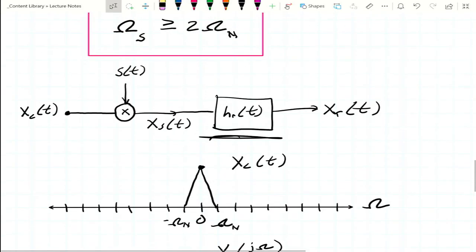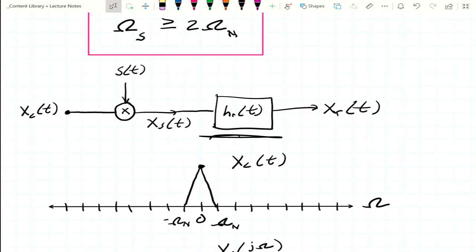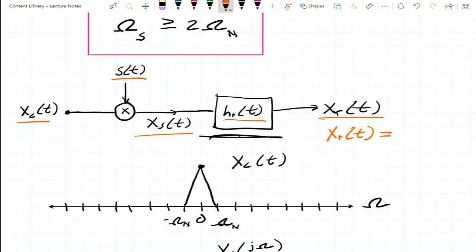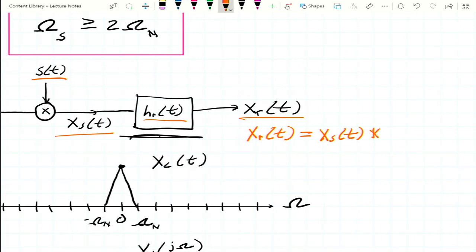So, coming back up to this drawing, right, x sub t got multiplied by s sub t to give us this sample thing, x sub s sub t, right? It's going to get passed through this block, h sub r sub t, to get us x sub r sub t. And that means that x sub r sub t is equal to x sub s sub t convolved with h sub r sub t.